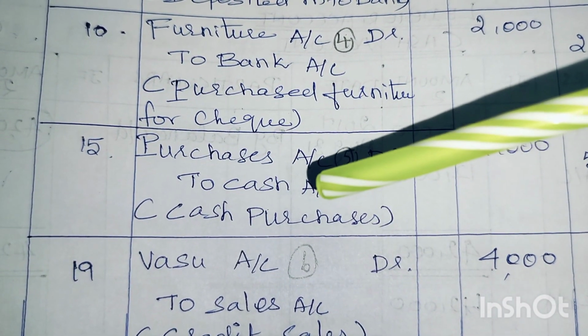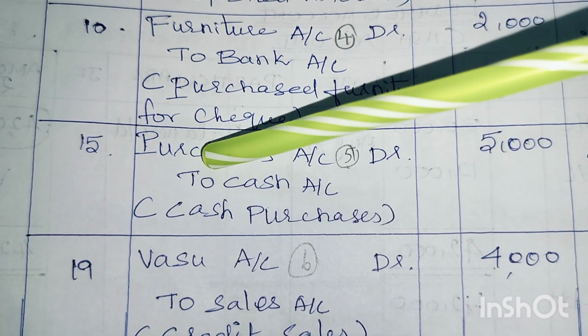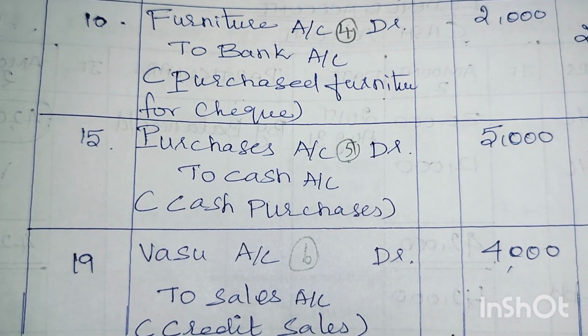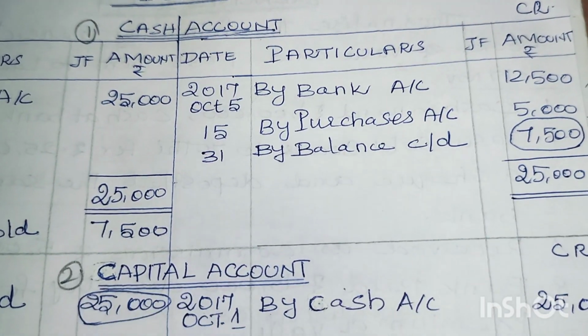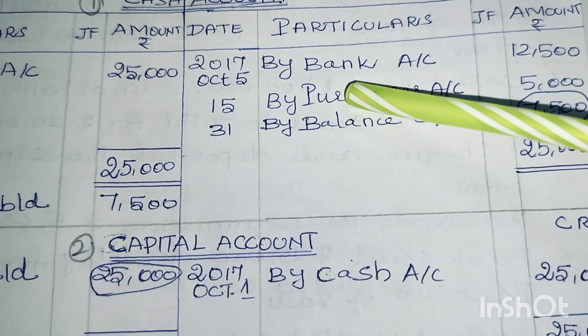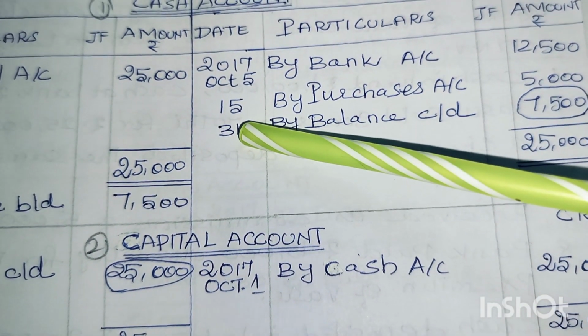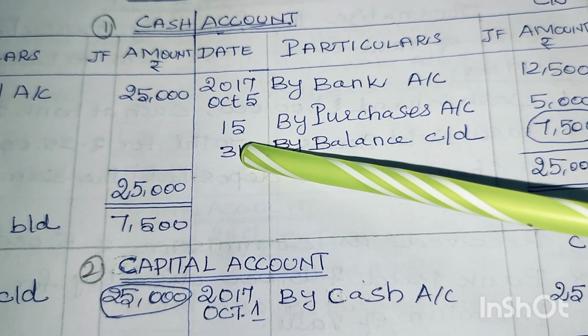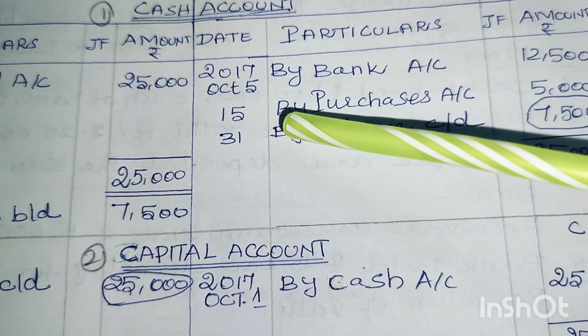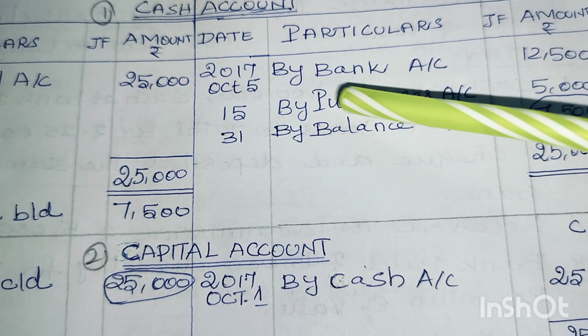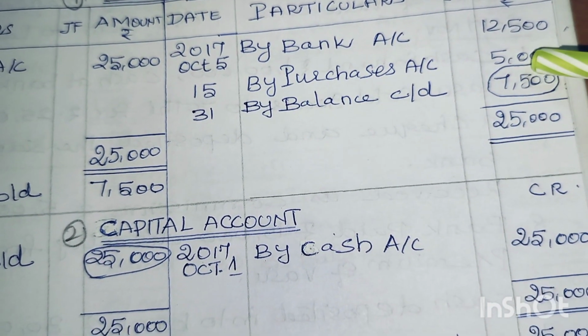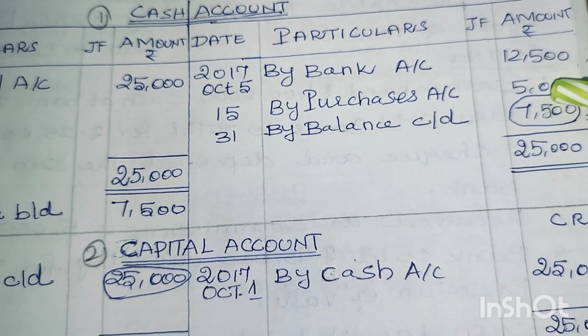What is the opposite account we have to enter? By purchases account 5,000 rupees, right? So under the cash account we come to credit side dated on 15. Purchases account. So we start with "By purchases account". How much rupees? 5,000 rupees we entered.